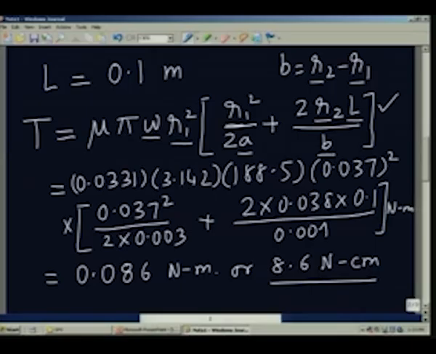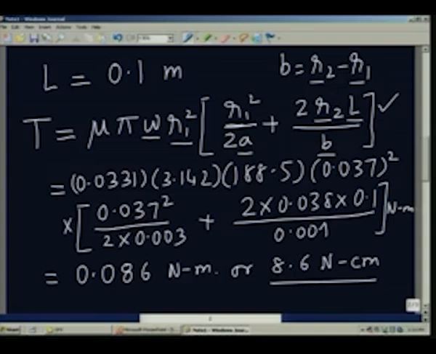So, what you are expected to do is to use the propagation of error formula which we gave long ago in one of the earlier lectures, and obtain all the influence coefficients with respect to omega, R1, A, R2, and L, and with respect to B, of course, which is automatically covered by R2 and R1.